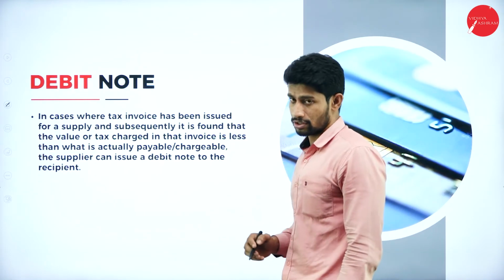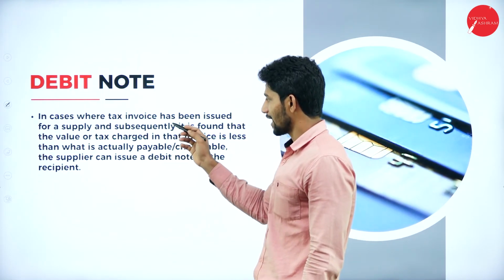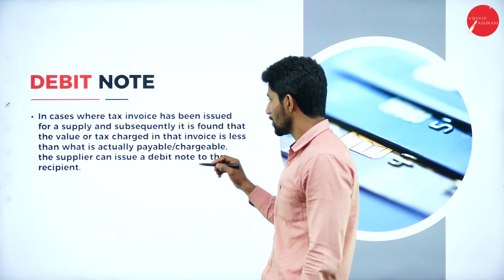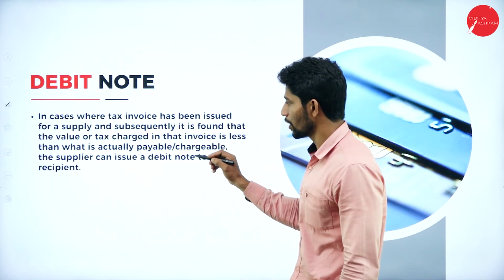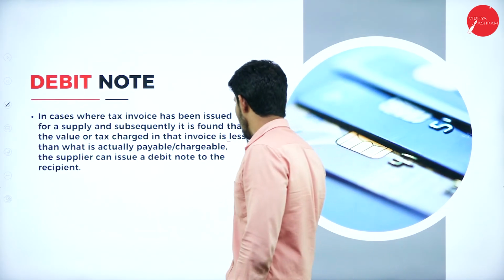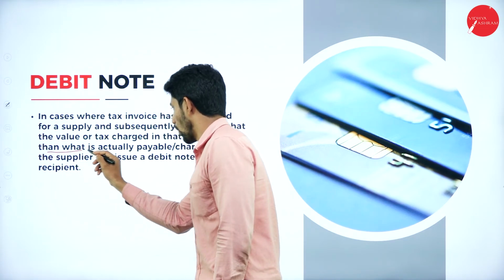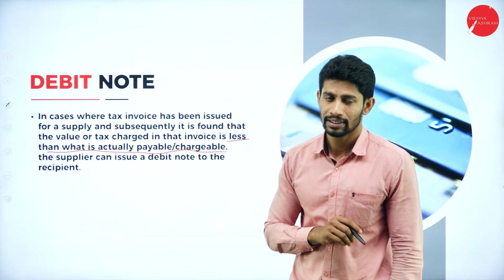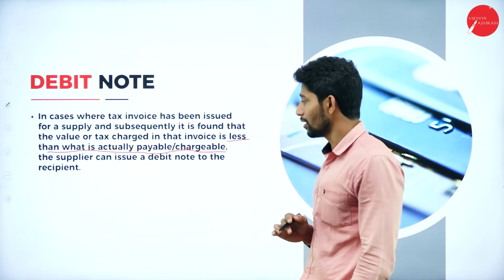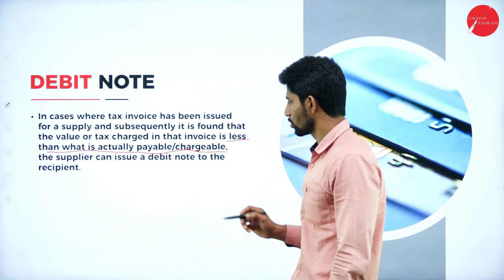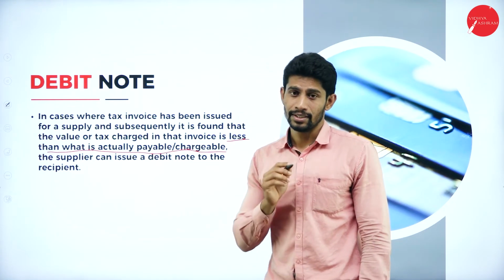In a debit note, in cases where a tax invoice has been issued for a supply and subsequently it is found that the value or tax charged in the invoice is less than what is actually payable or chargeable, the supplier can issue a debit note to the recipient.